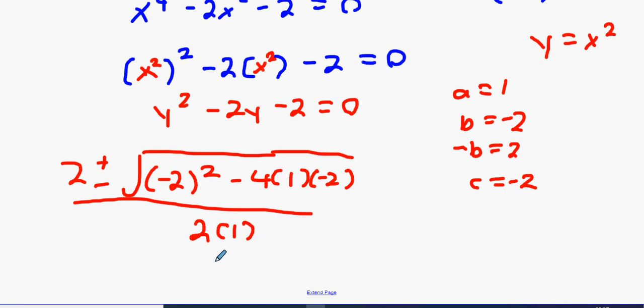Can you give me the answer in short form, not decimals if possible? What do you get? 1 plus root 3. Oh, right, great. So the first answer is 1 plus root 3, and the other answer must be 1 minus root 3. Is that right?